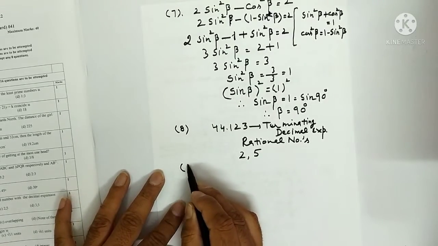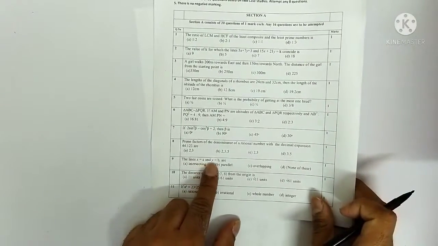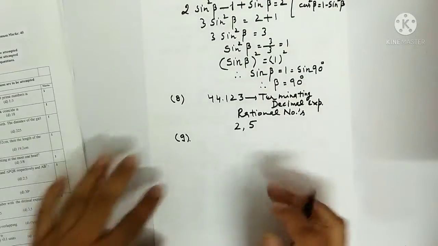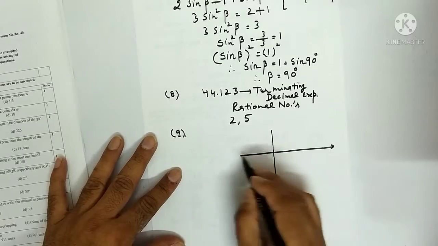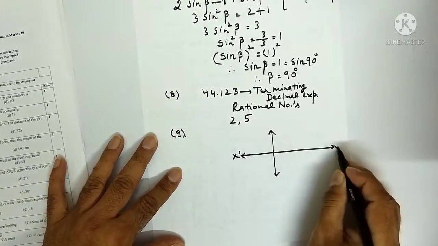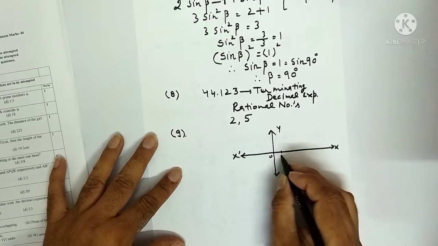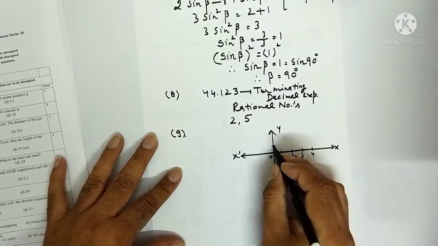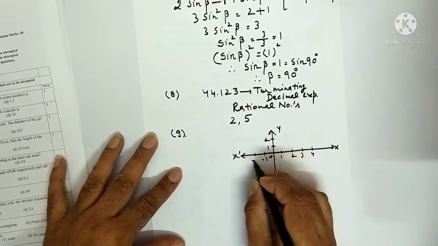Now question number 9. The lines x equal to a and y equal to b are. So generally when you are taking these coordinate axes, x dash, x, y, y dash. Like this is origin, 1, 2, 3, 4, 1, 2, minus 1, minus 2.